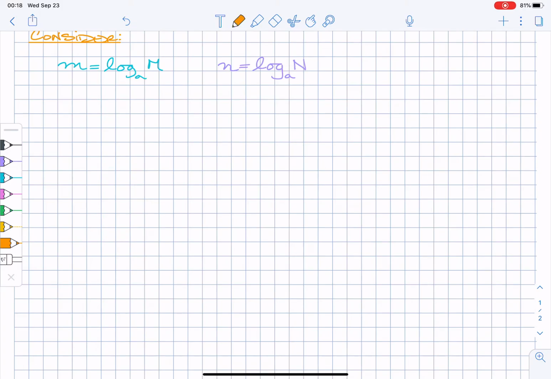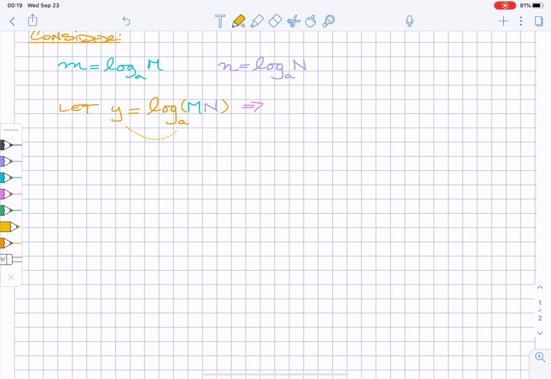Okay, and then let's let y be equal to log base a of M times N, both inside the argument of the logarithm. So let's translate this to exponential form. That is, let's evaluate base raised to the answer is equal to the argument.